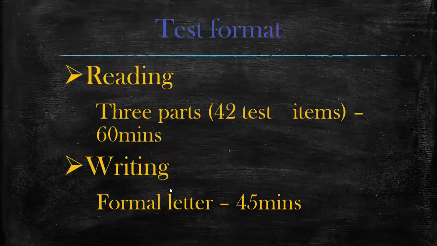Then you have the writing component. In OET, they refer to these as subtests. So you have the writing subtest, where you would be asked to write a formal letter. It could be a discharge letter, a referral letter, a letter of advice, and you have 45 minutes to do this.